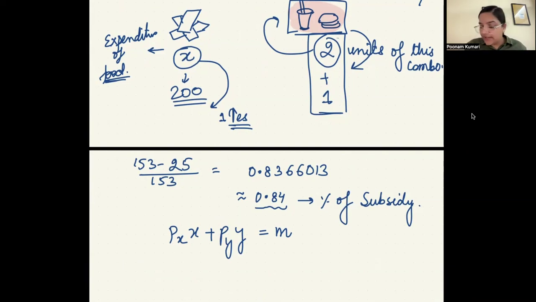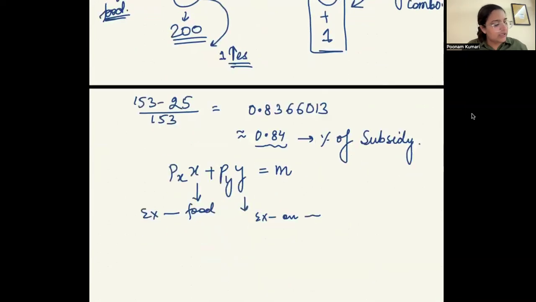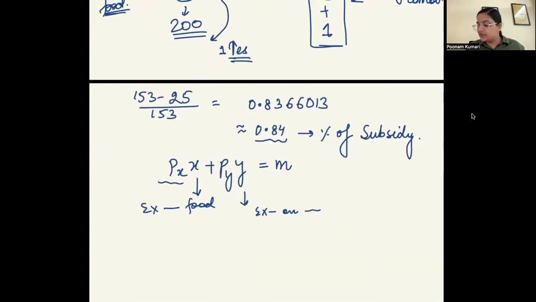So if X is expenditure on food, and Y is expenditure on everything else, what will be my new price?